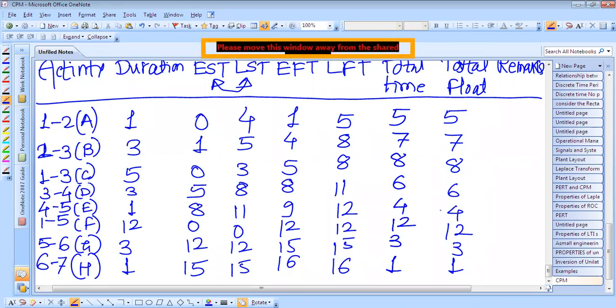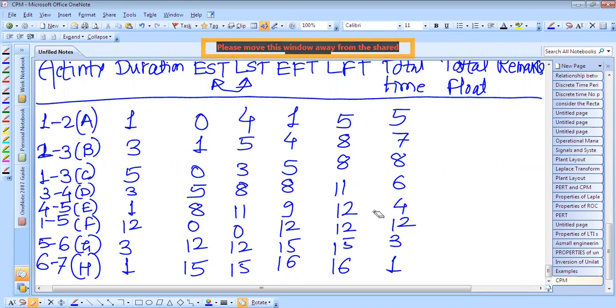So total float we have calculated here. Total float here now. So total float is the LST minus EST. So LST is 4 minus EST, it is 4.